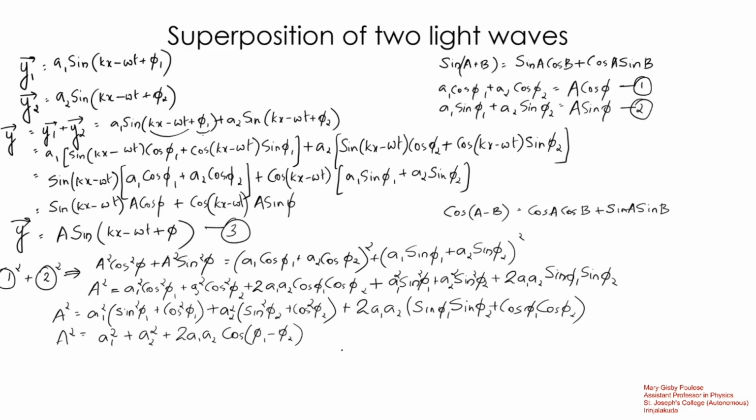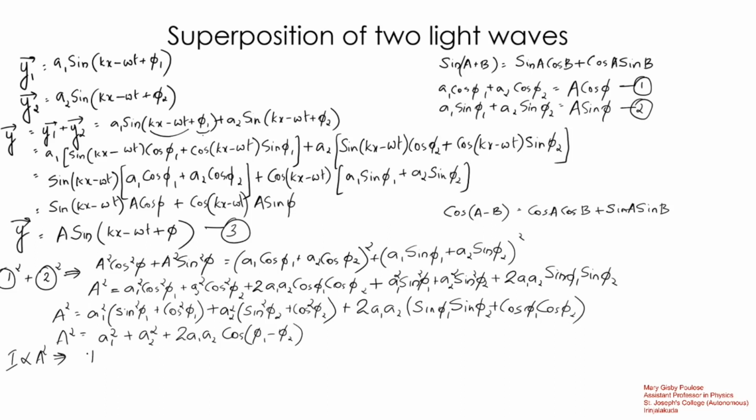Now, we know that the intensity of a wave is directly proportional to its amplitude square. That is, intensity is proportional to the amplitude square. So from that inference, we can write this expression in terms of intensity.